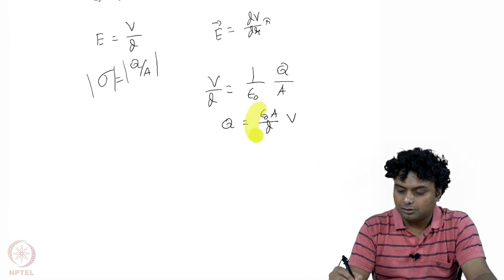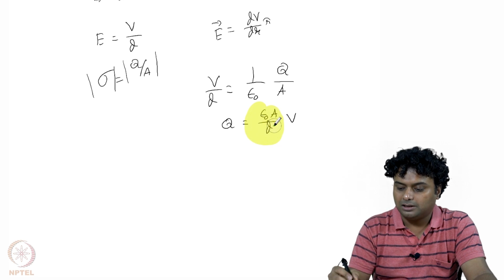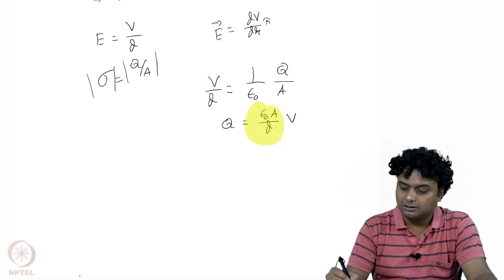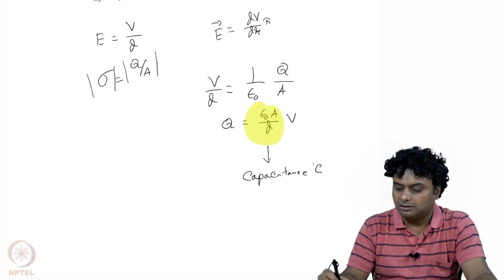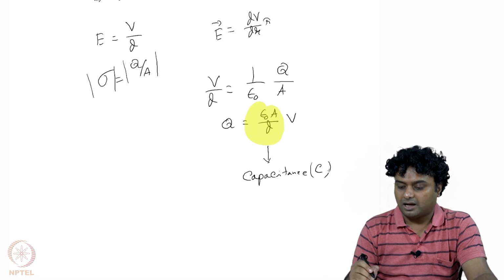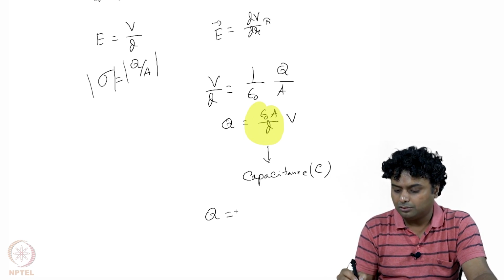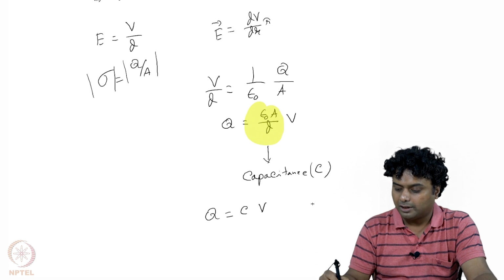Now this term, epsilon naught A by d, is known as capacitance, C. If we put this C, we get Q equals C into V, where C equals epsilon naught A by d.